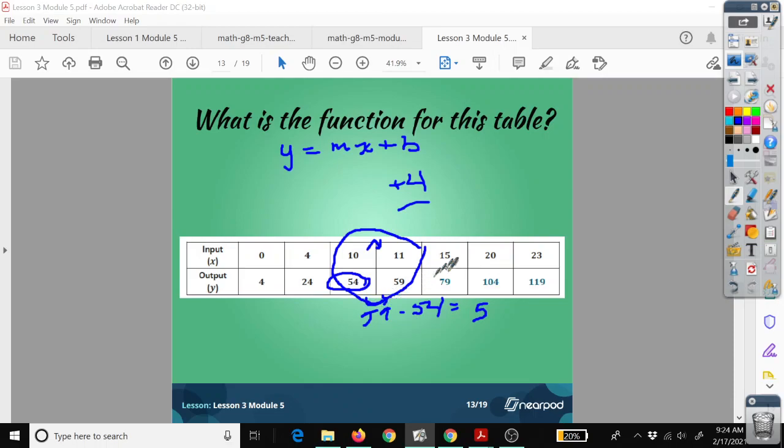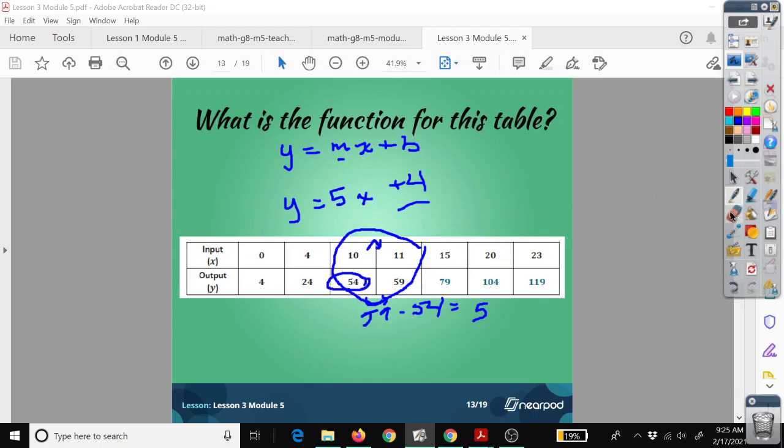Every time I go up, I'm going up by 5. So that's my slope here, going up by 5. So the first thing I'm going to try is 5x plus 4.